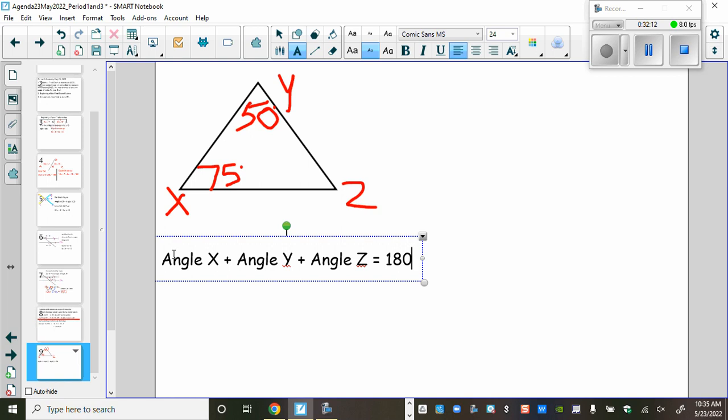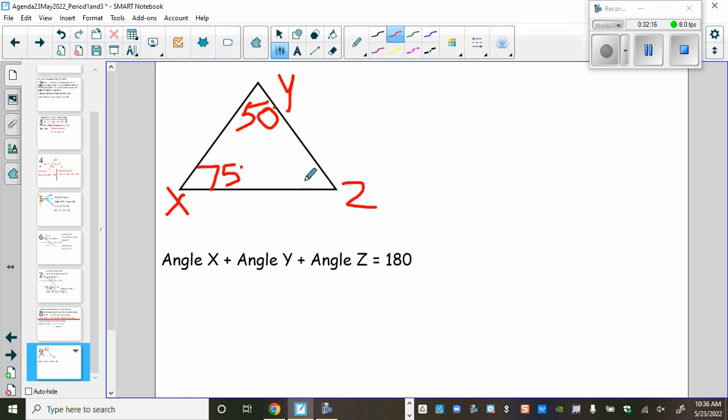So I have two angles. How do I get my third angle?